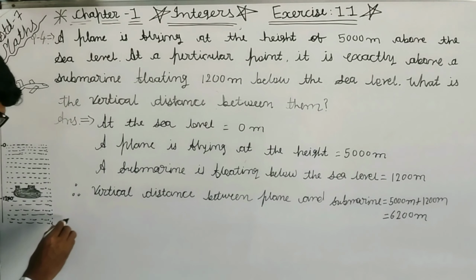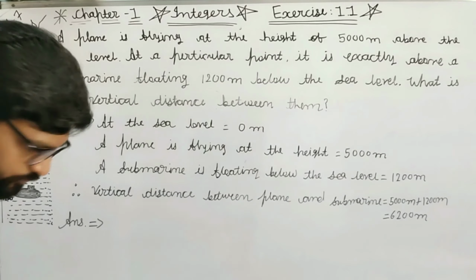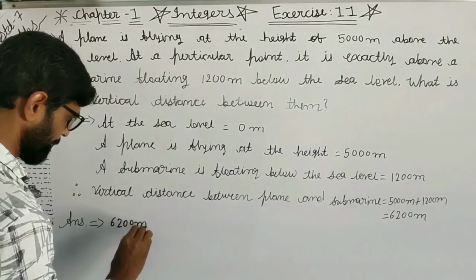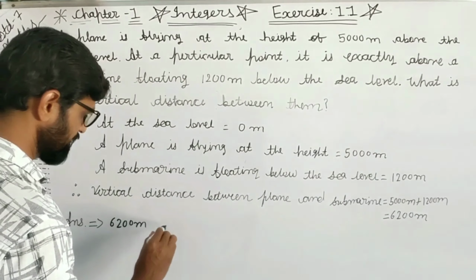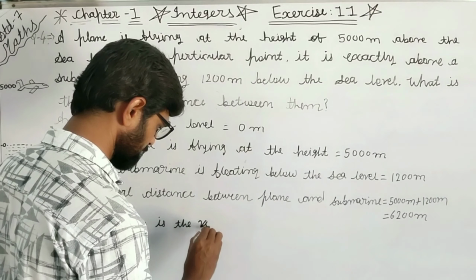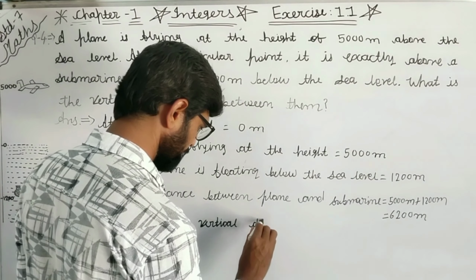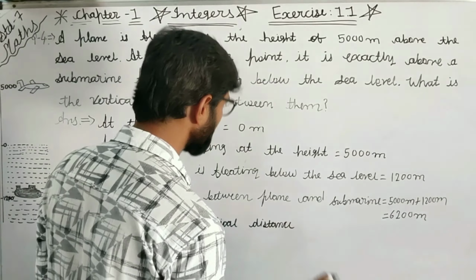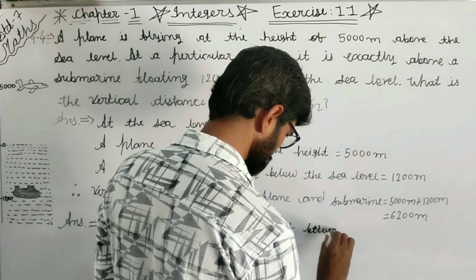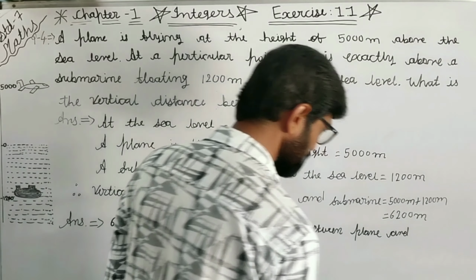Okay, now you can write your answer. 6,200 meters is the vertical distance between the plane and submarine.